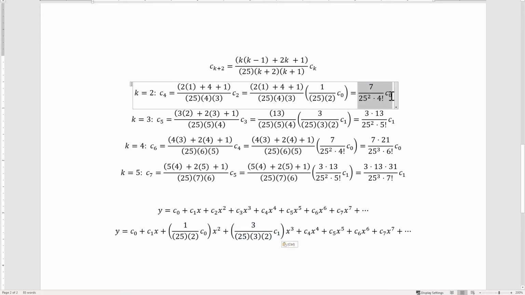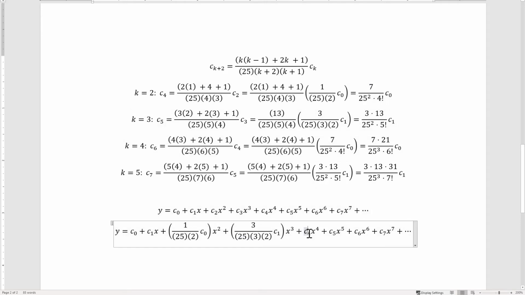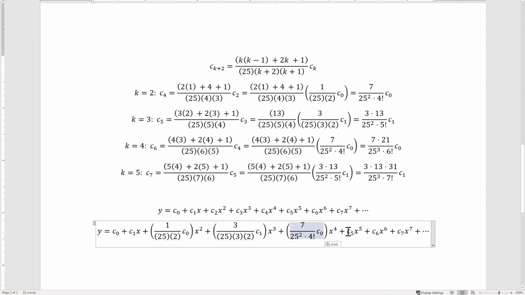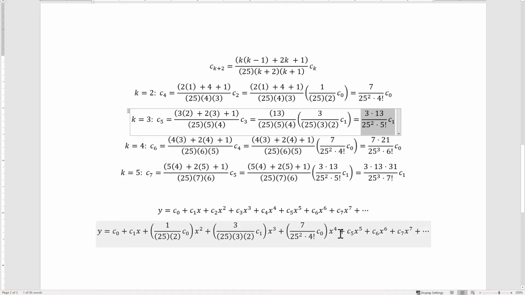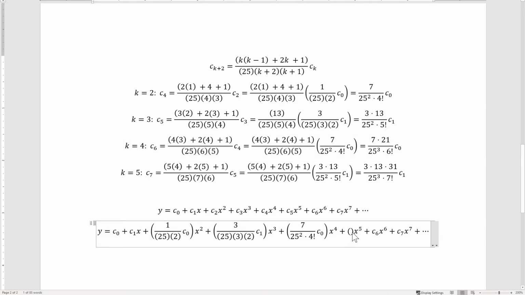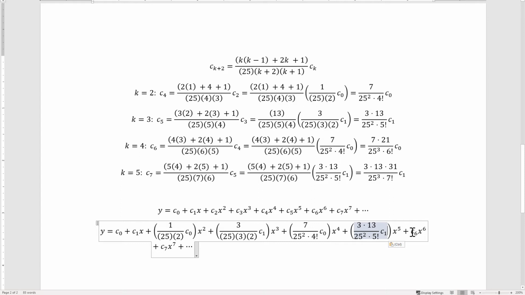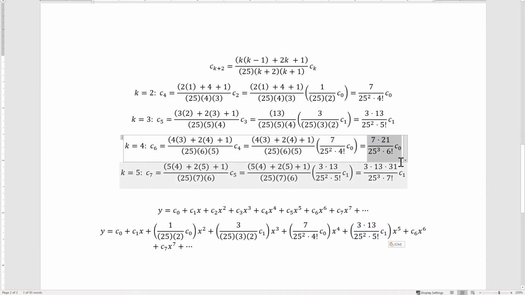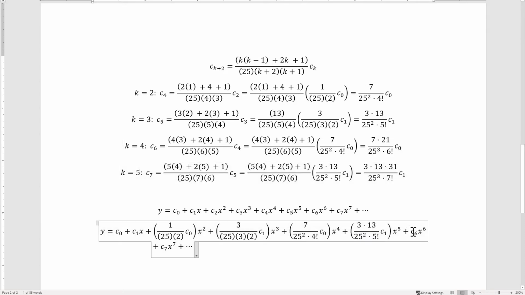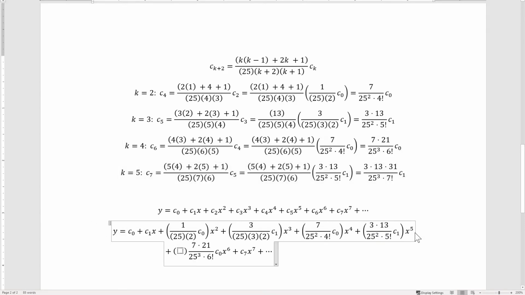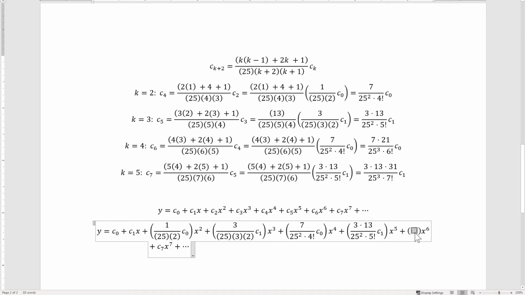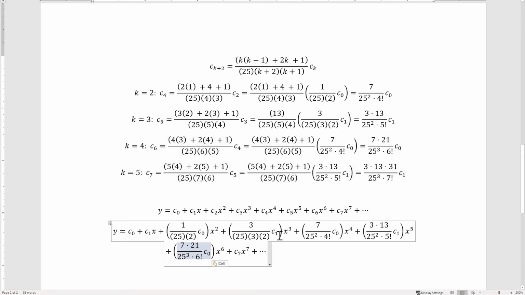C sub 4, C sub 5, C sub 6, oops, let's put that inside of the parentheses, and then finally C sub 7.